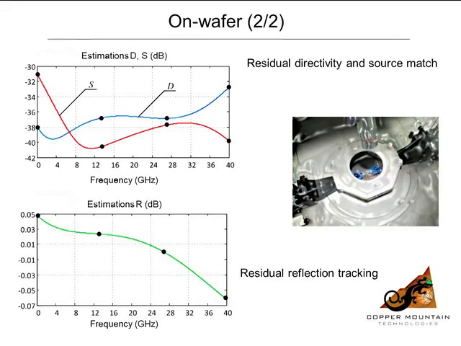And so here are the results of the estimations of the residual parameters for the on-wafer system. You can see that the result is about minus 35 dB in the case of directivity, and reflection tracking is less than 0.05 of a dB.